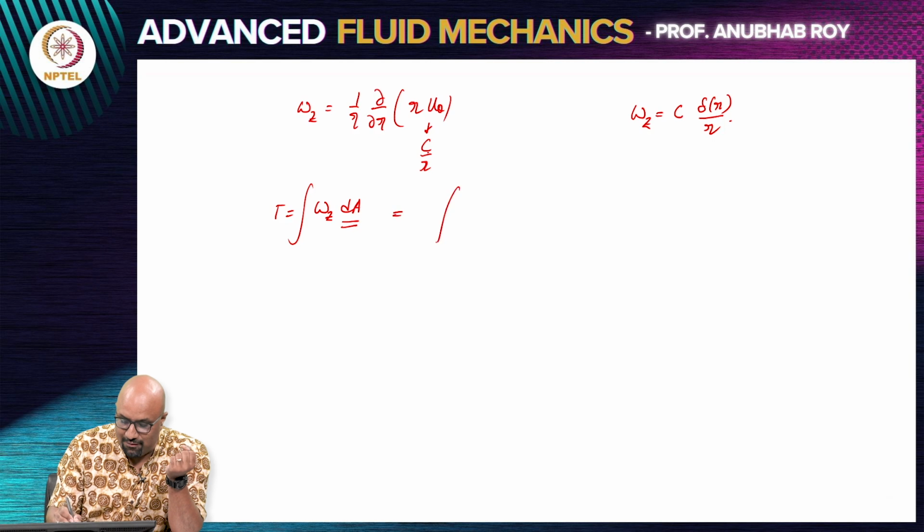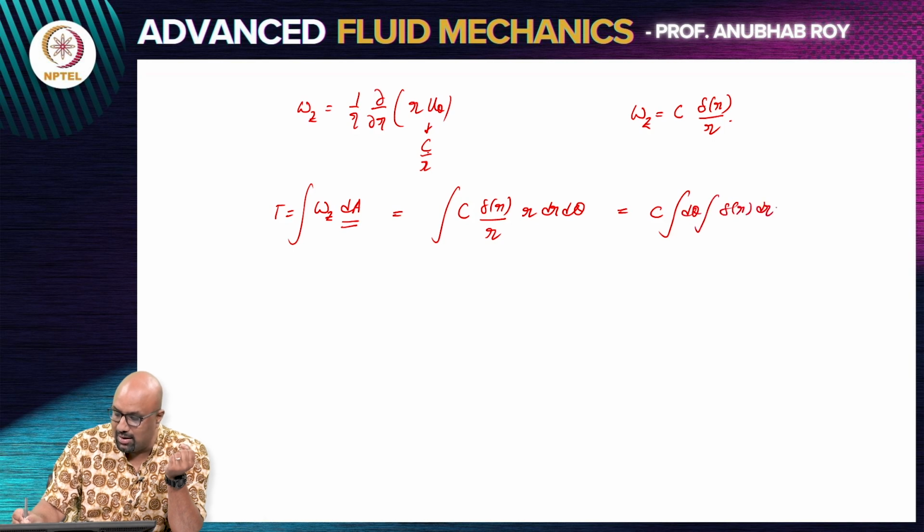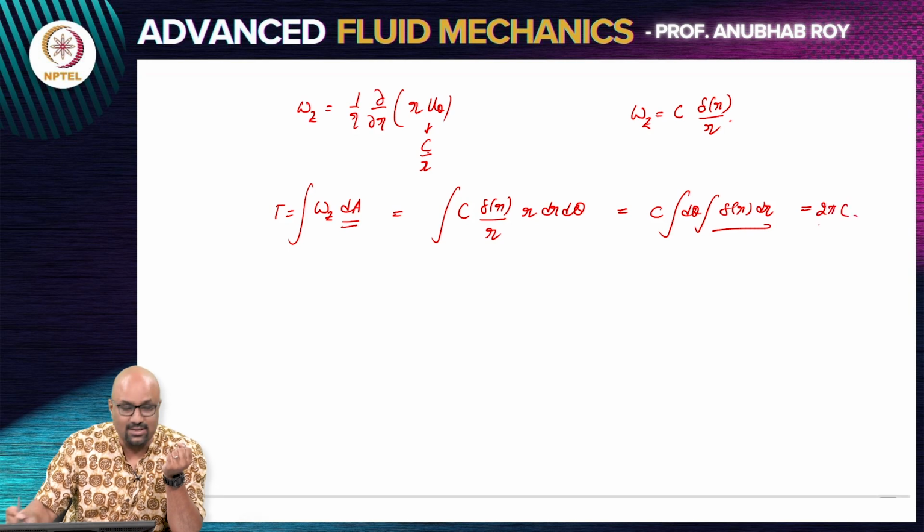So, you will have here C delta by R and dA is R dr d theta. So, this will then give you a constant d theta delta of R dr, this will be unity and I will have 2 pi c.